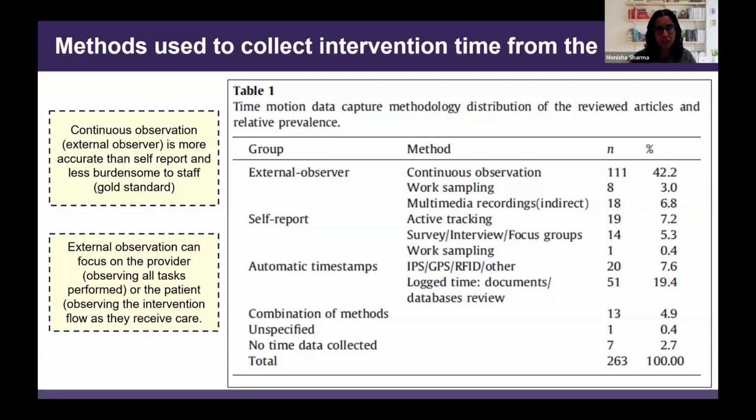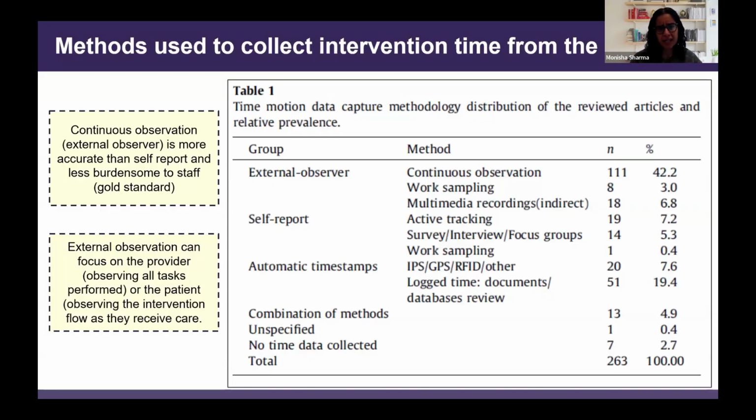But another way you can do it is activity tracking. You could ask the prep navigators to write down when they start the outreach, when they stop the outreach, and when they start and stop eligibility screening, and then you take those numbers and calculate the time used. That is asking a bit more of the staff, but it can be cheaper, because you're not paying somebody to watch all of these activities and time them.